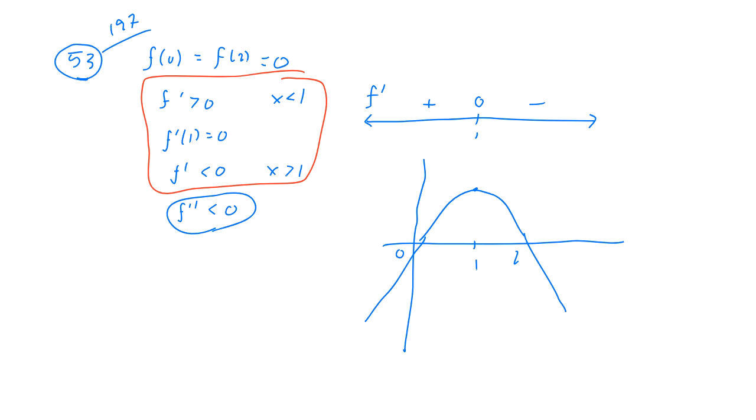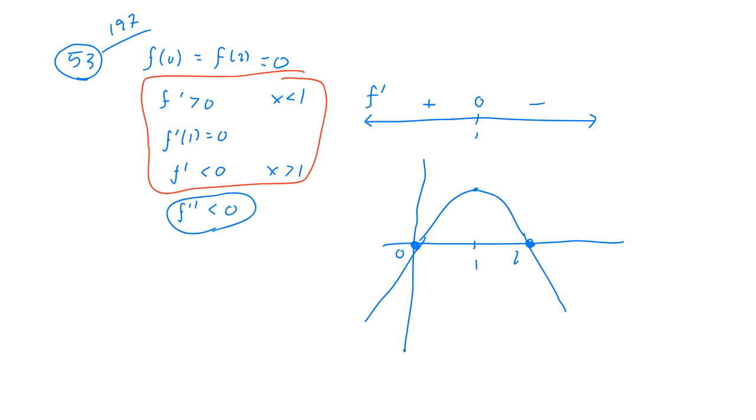So let's make sure that this satisfies all the conditions that were given. f of 0 and f of 2 are both 0. Well, I missed a little bit, but there's f of 0 and f of 2. Those are both 0. The derivative is positive when x is less than 1, so that means that the graph is increasing until I get to 1. f prime of 1 is 0, so the tangent line is horizontal here.